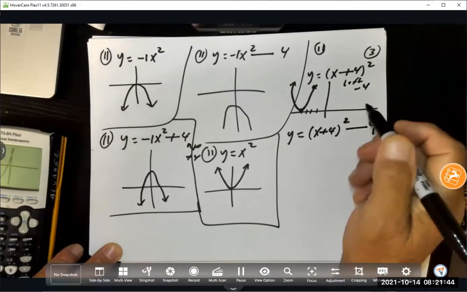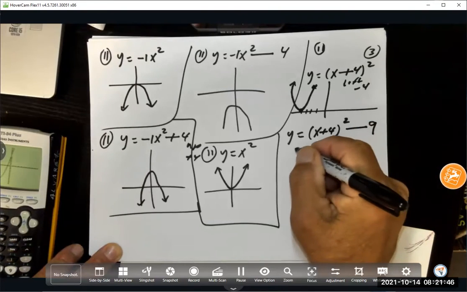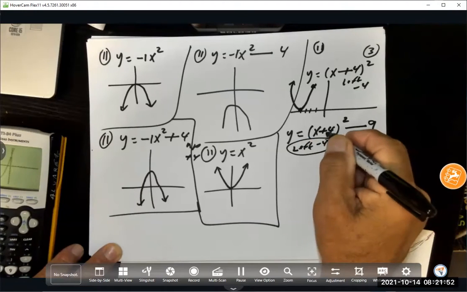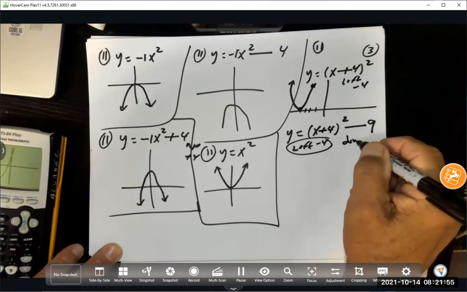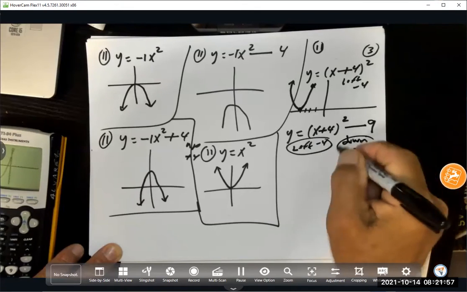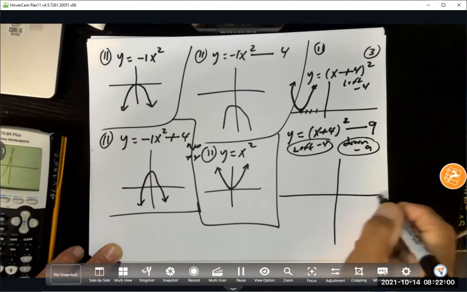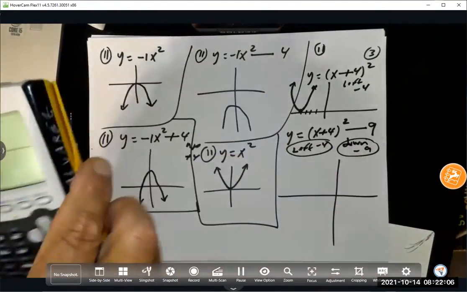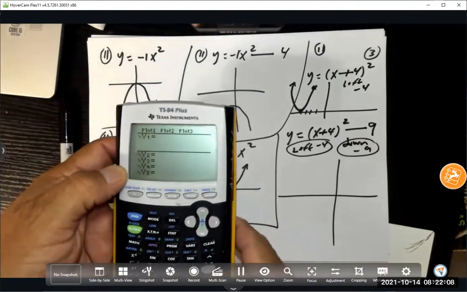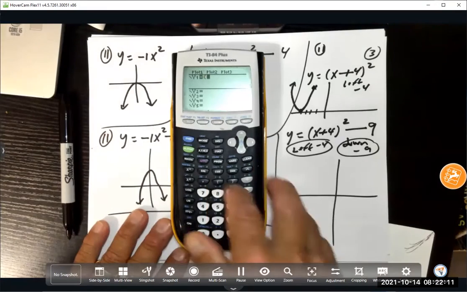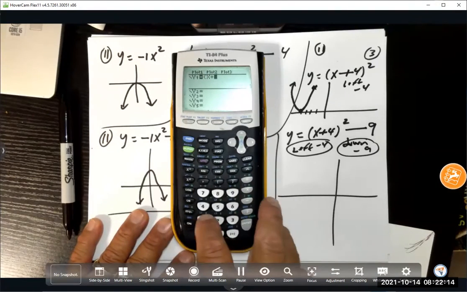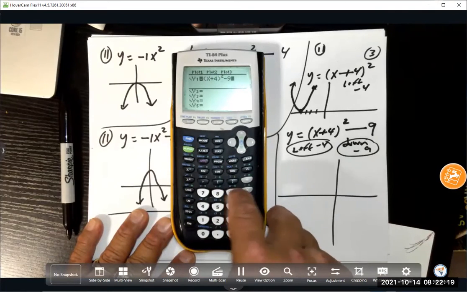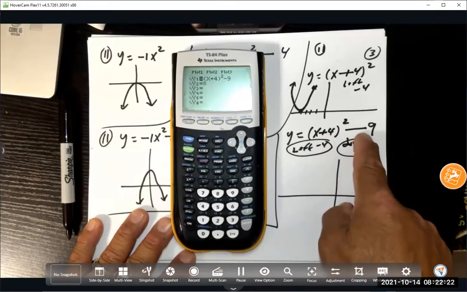All right, so now it's still gonna shift left, -4 because of this. And then it's gonna go down -9. Okay, so two things are gonna happen. So let me put it on my machine. Okay, ready? I'm gonna put parentheses x plus 4 squared, okay, -9, enter. So I have x plus 4 squared -9.